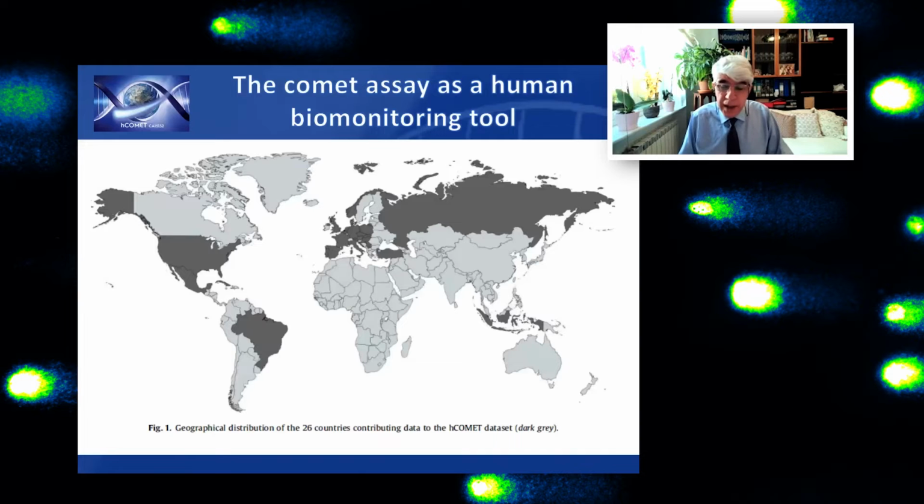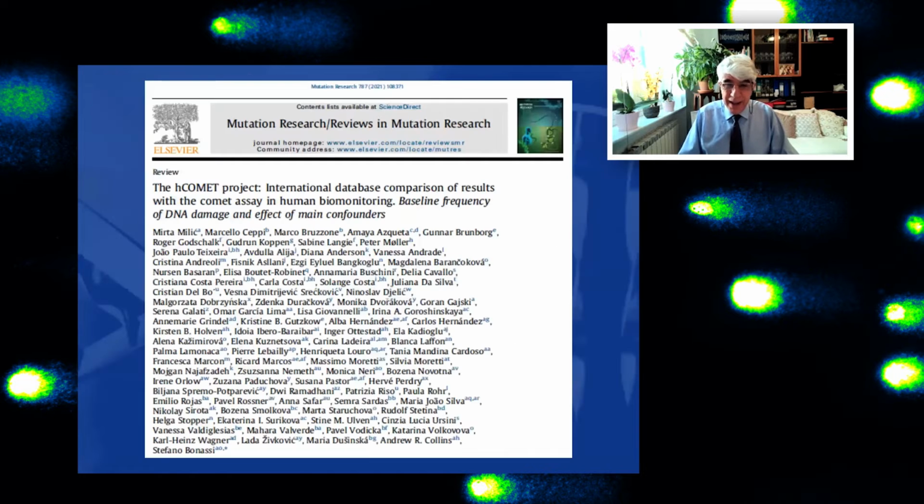So this is what has been already shown, how international the contribution of data to the hCOMET database was. The results of this part, the description of the database, have been published, or at least nearly published, because it's not on PubMed yet, but the paper can be found on the website of Mutation Research Reviews.